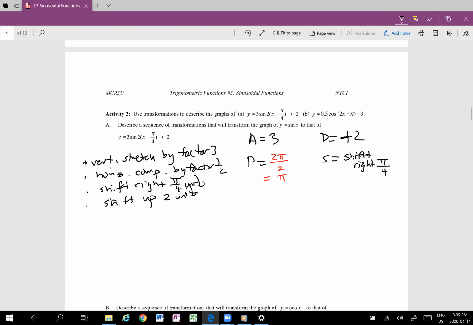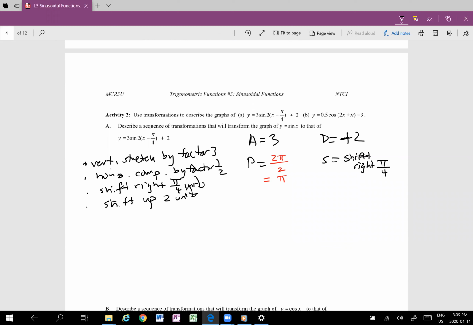But I think it actually helps to describe visually what's happening. So let's just do this in stages. And in black, y equals sine x. And that's the y equals 3 sine x. I'll try to do this in stages so you can see it. So that's the first graph.